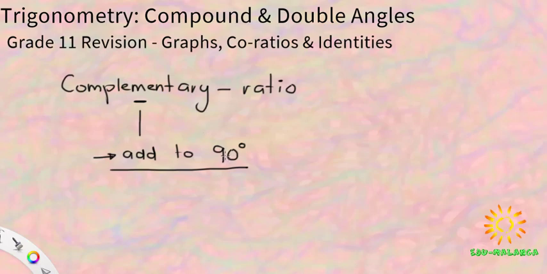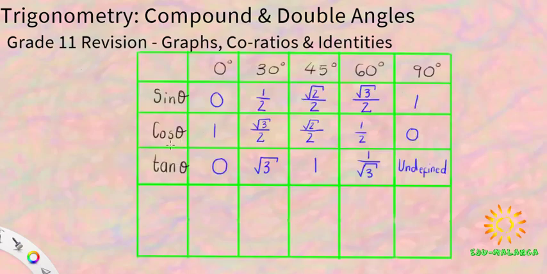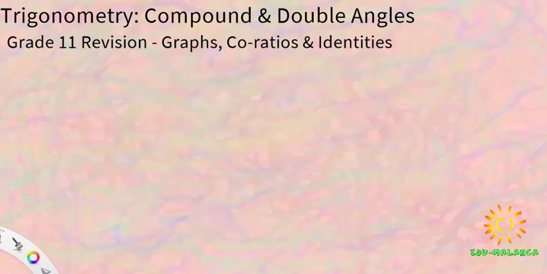And there's something special that happens with these angles. It's again shown on this table over here. The cosine of 30 degrees is equal to the sine of 60 degrees. And the sine of 30 degrees is equal to the cosine of 60 degrees. This happens because of co-ratios, and we can illustrate it using the co-ratio relationships.